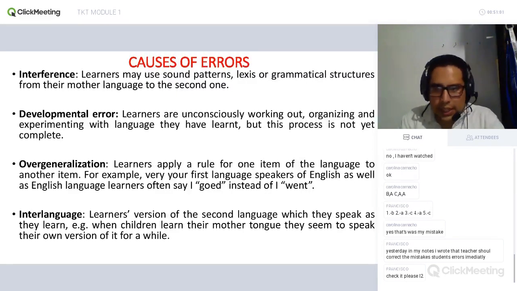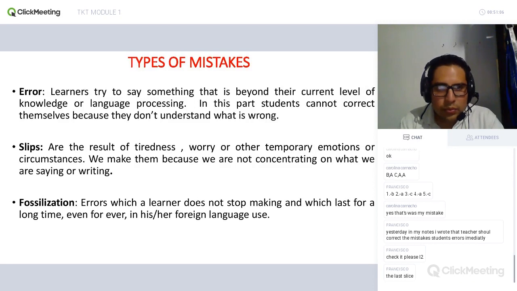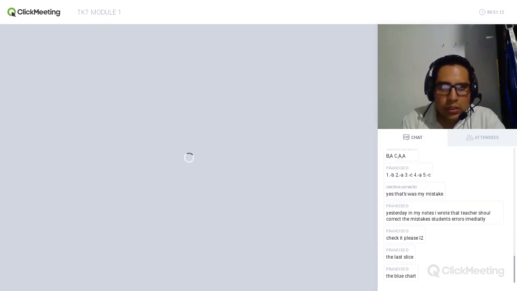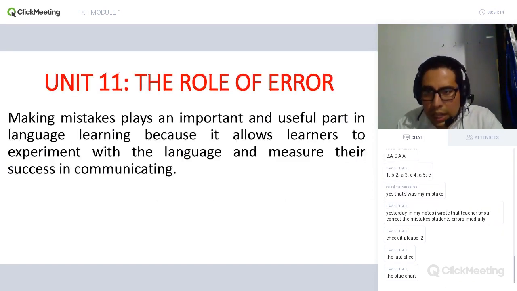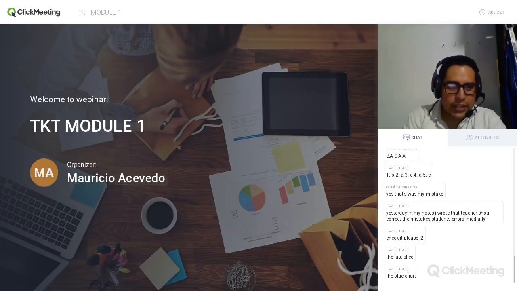Okay, here I don't see anything, Francisco, about correcting immediately. Ah, the blue chart. Yeah, so this is from L1 and L2. Hold on a minute. I'm going to look for it.